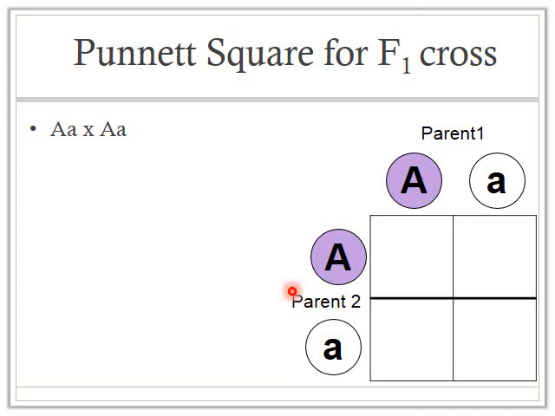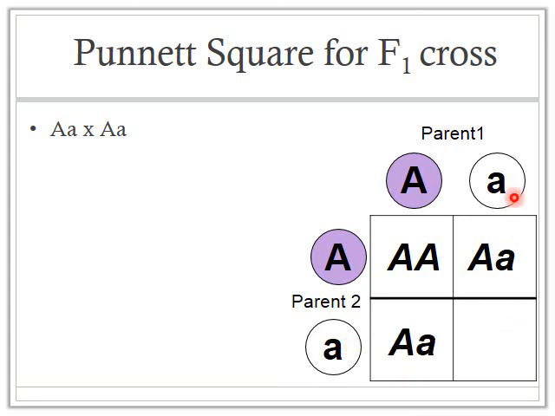So we are going to fill in this Punnett square just like we did before with the parent genotypes. So big A will come down, big A will come over. We will do the next, little a will come down, big A will come over. The next, big A will come down, little a will come over.